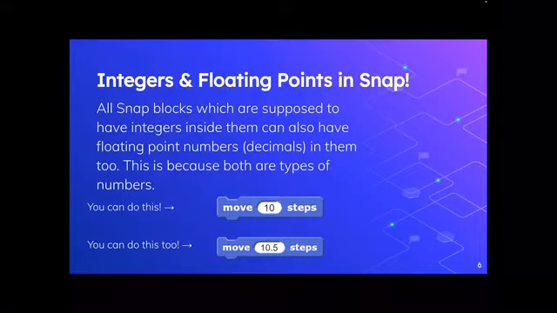Floating points are just decimals, remember. So we can use them in both cases. Like for example, you could move 10 steps or you could move 10.5 steps. Each of these will both be perfectly fine in Snap. However, you can't say something like move hello steps. That doesn't make sense.